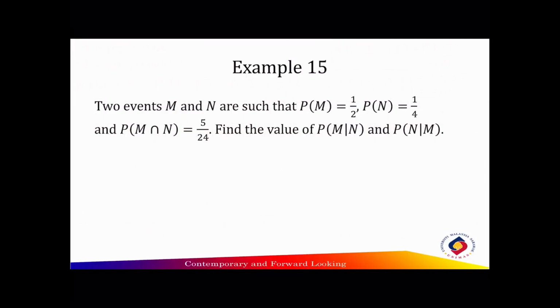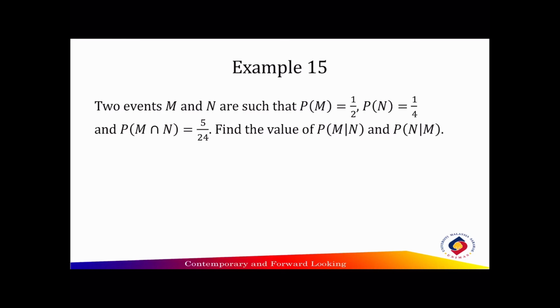For example 15, we have two events M and N such that the probability of M, P(M), is equal to 1 over 2, P(N) is 1 over 4, and P(M intersect N) is 5 over 24. So here we want to find the value of P(M given N) and P(N given M). This is a direct question. We just have to use the formula.